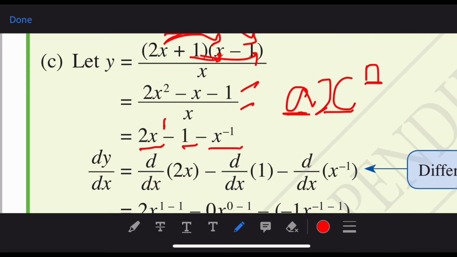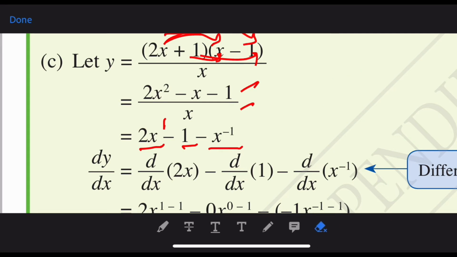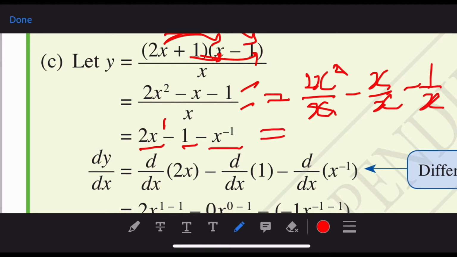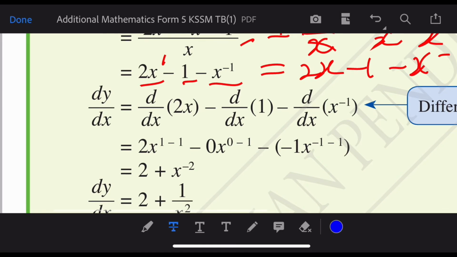Then x times 1 over x, that means you divide term by term. You must do like that. It equals 2x squared over x minus x over x minus 1 over x. Then you cancel to get 2x, then minus 1, then this one bring up, you must see the power.